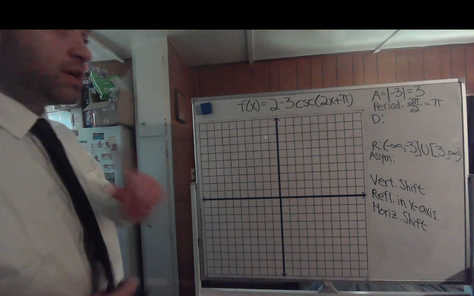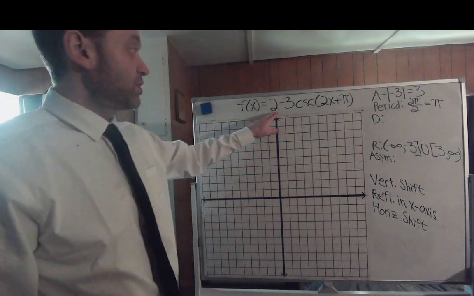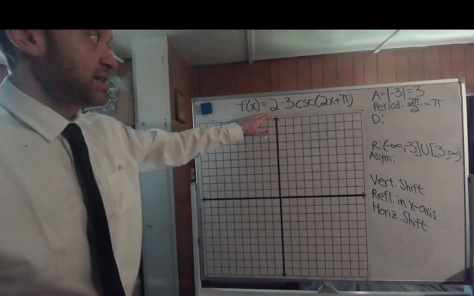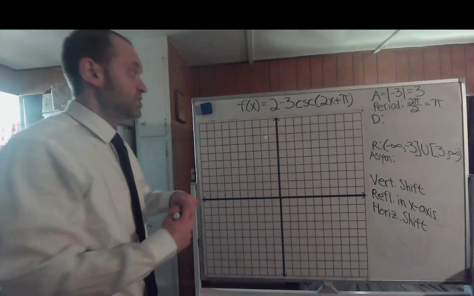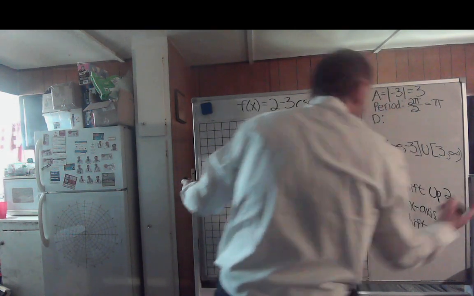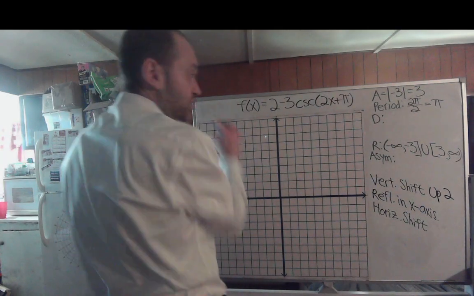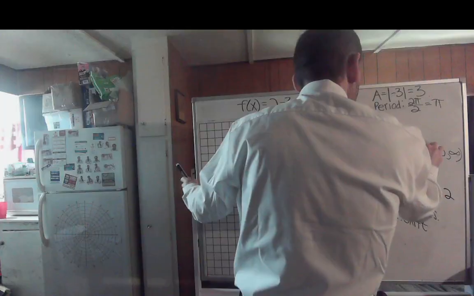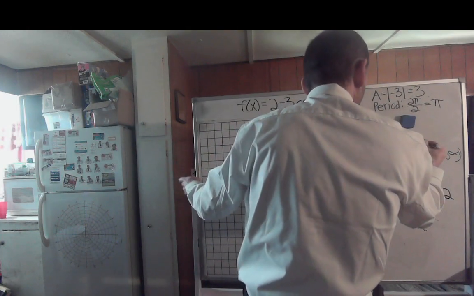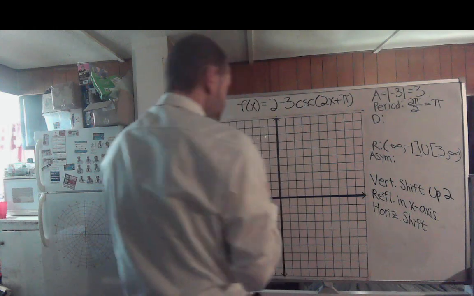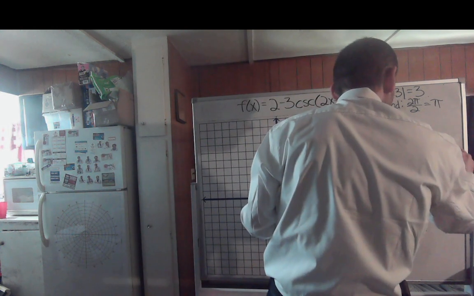But that's not it for the range. What do we also have here? We have a vertical shift up 2 units because that's a plus 2 next to the cosecant. So what does that mean for our range? We have to add 2 to the members of the range. Negative 3 plus 2 is negative 1. And then 3 plus 2 is 5.